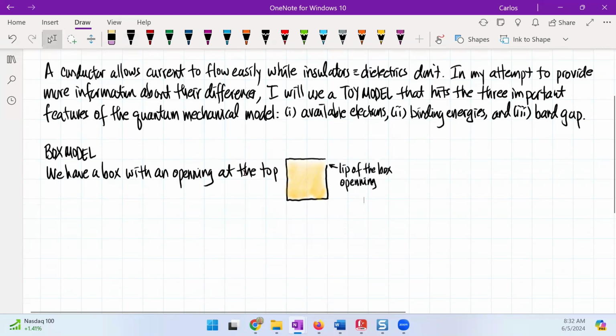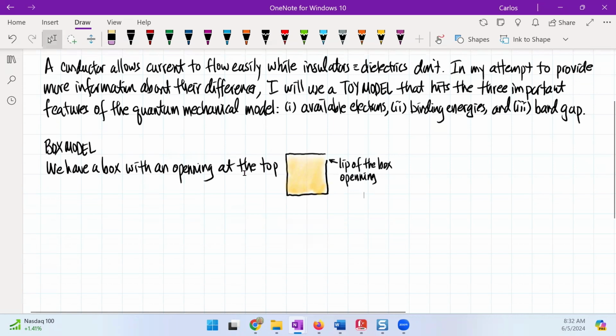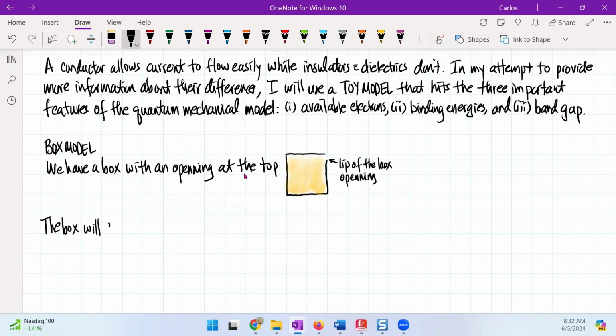So what I'm going to place in this box is that the box will contain a number of BBs.